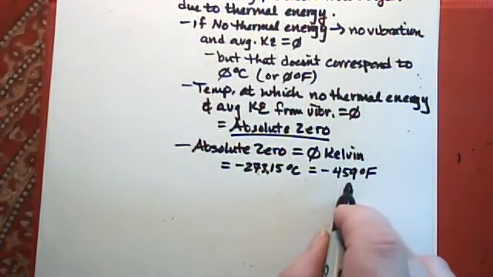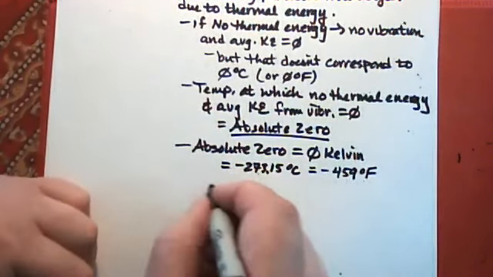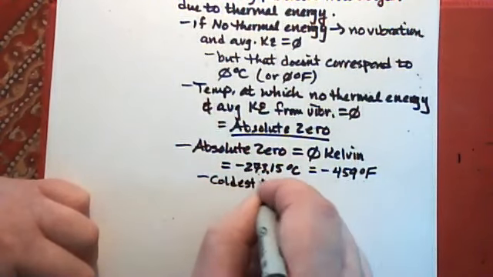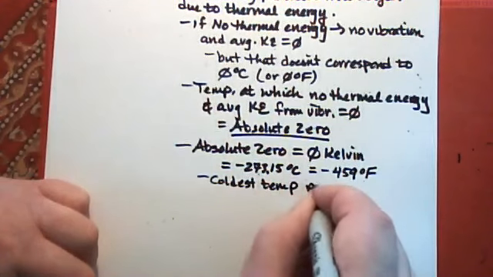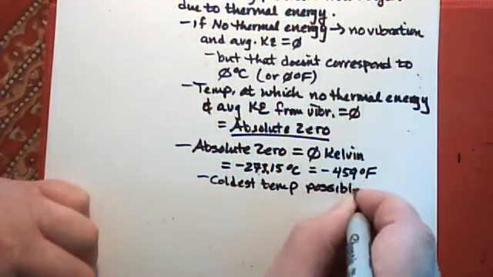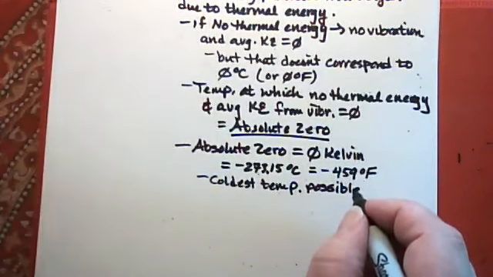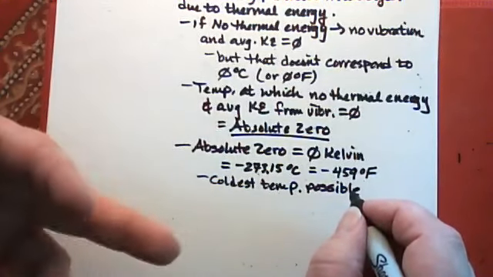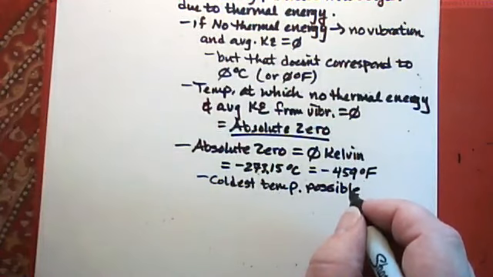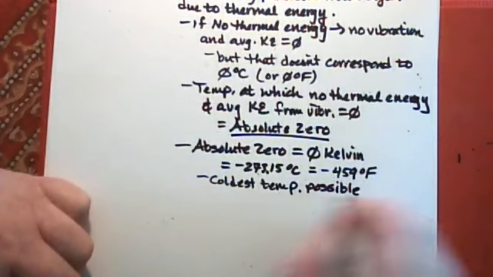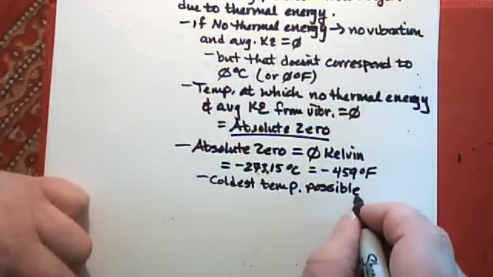So that is really, really cold. Absolute 0 is also the coldest temperature possible. It means no thermal energy whatsoever, and there's really no such thing as negative thermal energy. Okay, so this is the coldest temperature possible, even in theory.